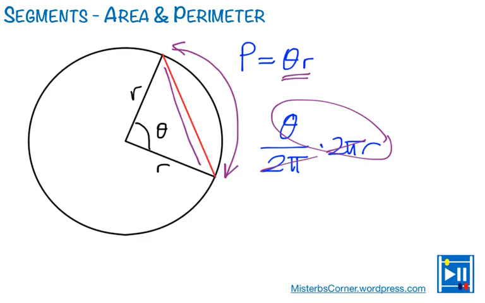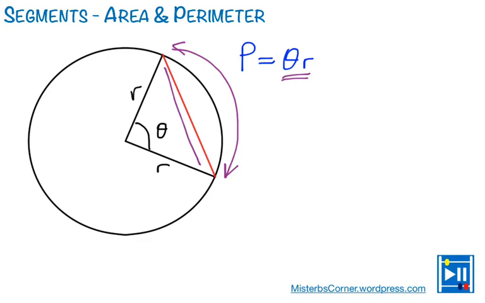So this is theta times r, the arc length, plus now I have to go with the cosine rule, right? As I know the radius and the angle between two radii, I have to use the cosine rule to calculate this length, alright? So this is how we end up with the perimeter of a segment.